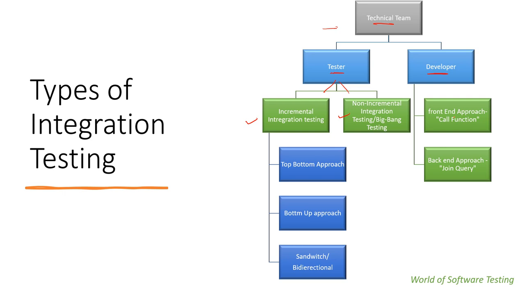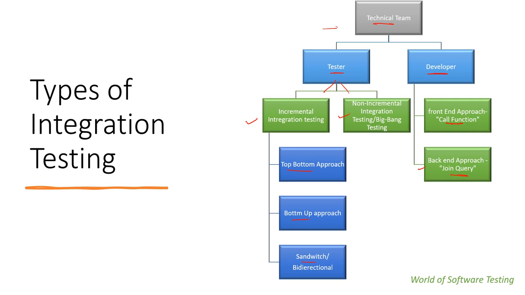First one is the front end approach using a call function, and then the back end approach using a join query. We are not going to discuss this in detail. We'll just discuss the integration testing from the testing point of view. The testers have incremental integration testing, which is again classified into the top down approach, bottom up approach, and the sandwich or bidirectional approach.